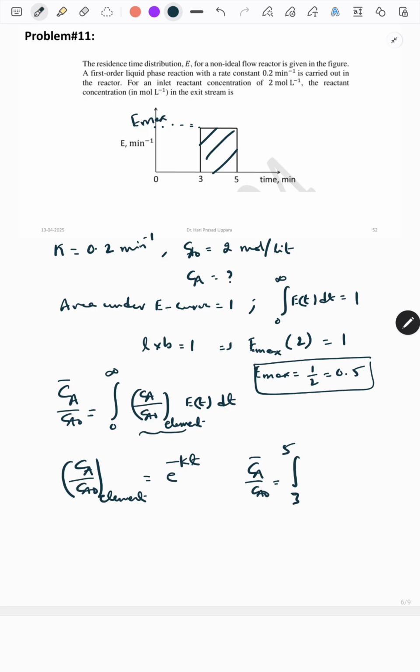So I am going to integrate between 3 to 5, that is Ca by Ca0 elemental, e power minus kt, multiplied by E of t, which is constant, that is the E max value 0.5, into dt. So Ca bar by Ca0 is equal to 0.5 multiplied by the integral of e power minus kt, which is e power minus kt divided by minus k, over the limits 3 to 5.